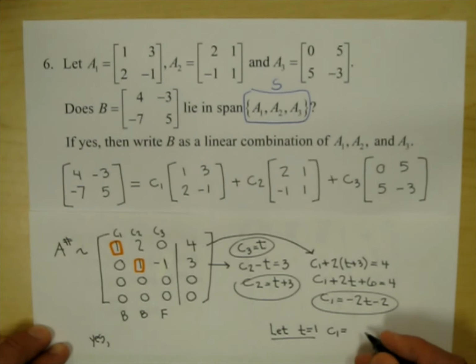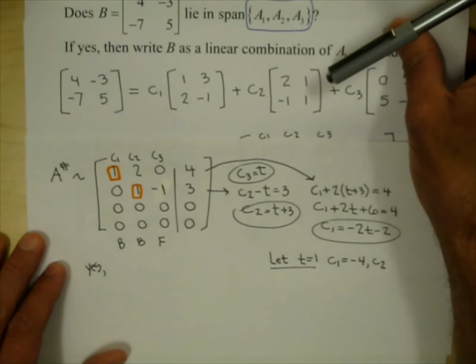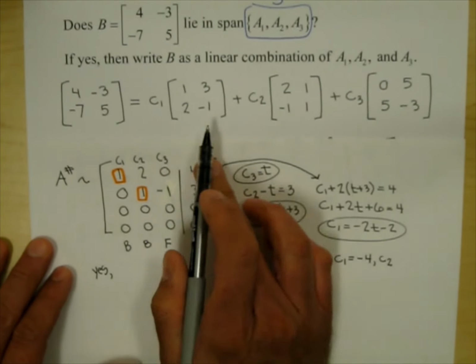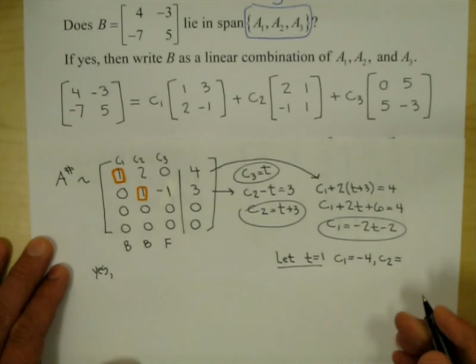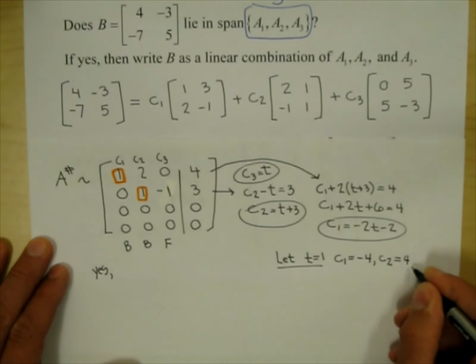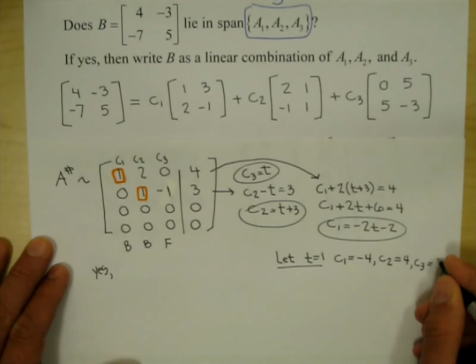C1 is -4. C2, I'm going to move this up so I have more room here because I'm really looking at this guy right here. C2 is 4, and C3, if t is 1, is 1.